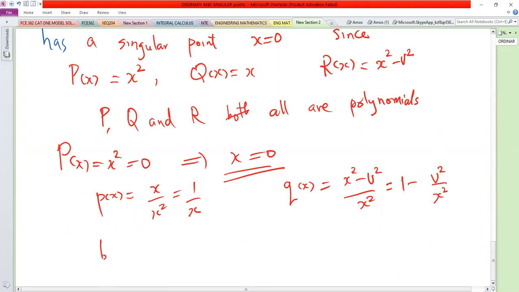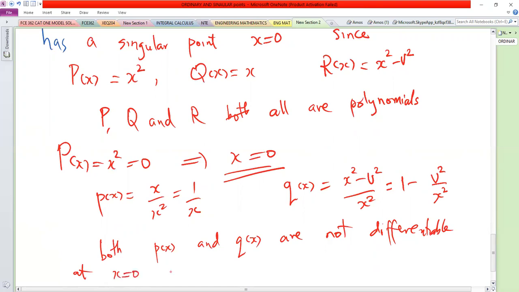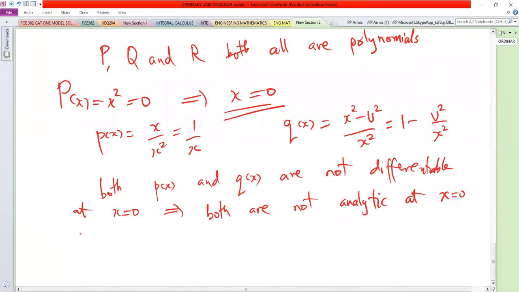So both p of x and q of x are not differentiable at x equals 0, which means that both are not analytic at x equals 0, and that means that the point x equals 0 is a singular point.